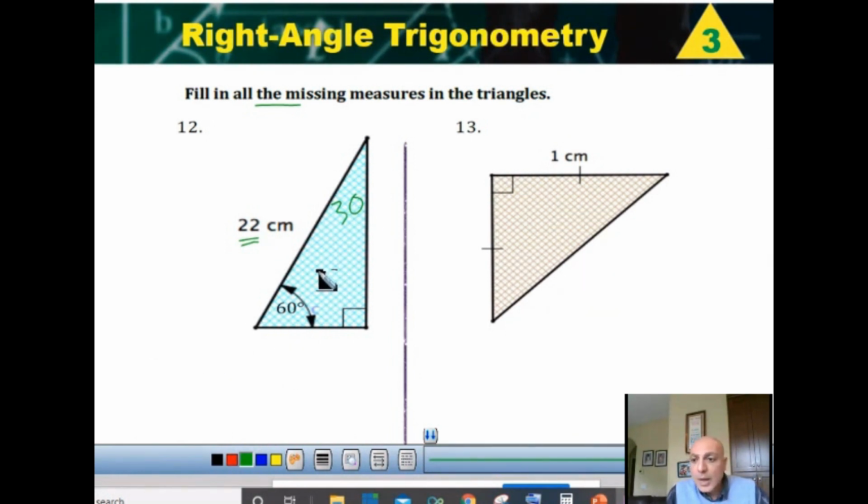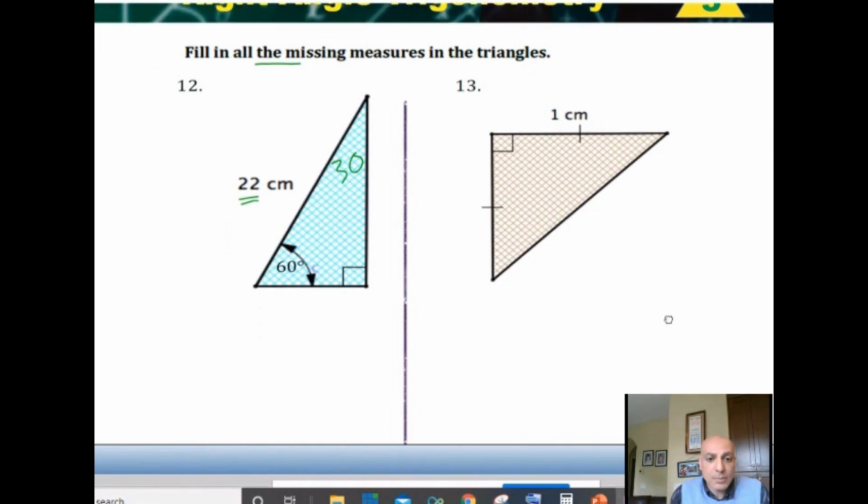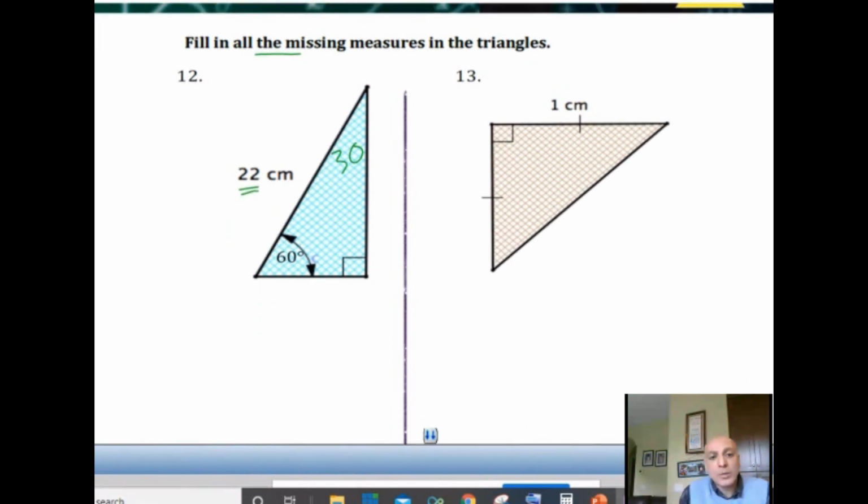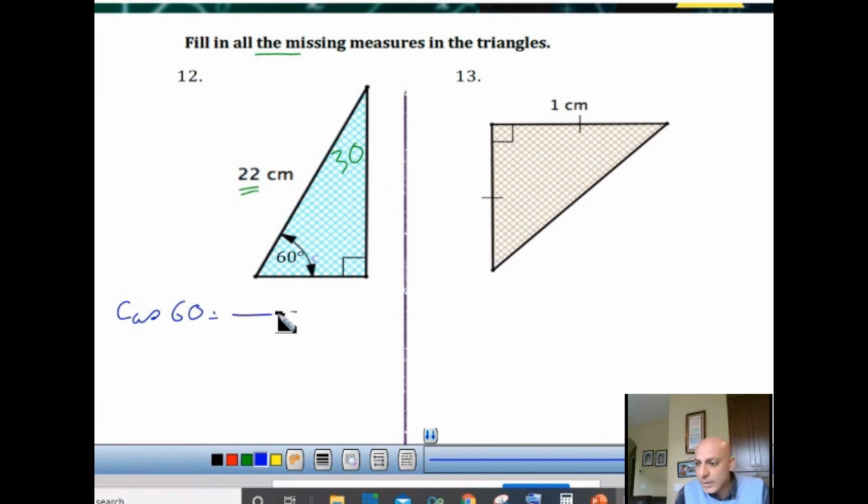I could choose either sine or cosine. And perhaps I'm just going to go with cosine. 30 or 60, doesn't matter. Cosine of 60 is going to be this side here.